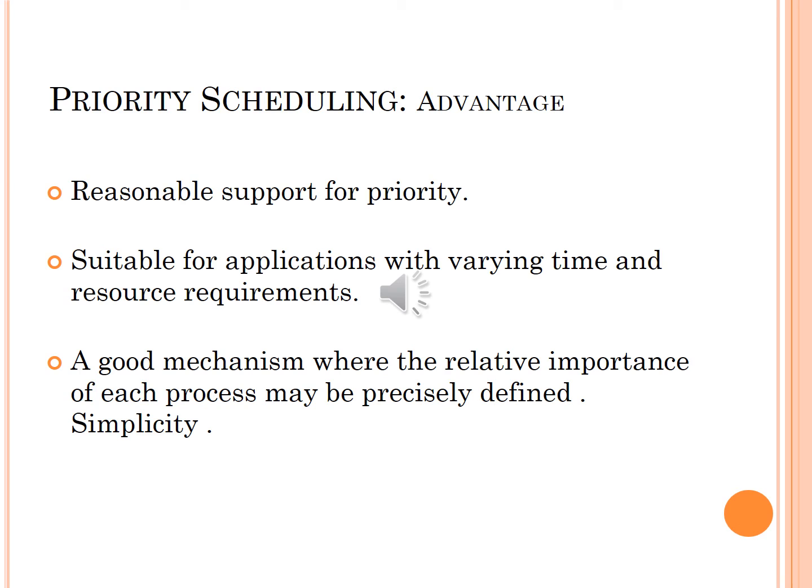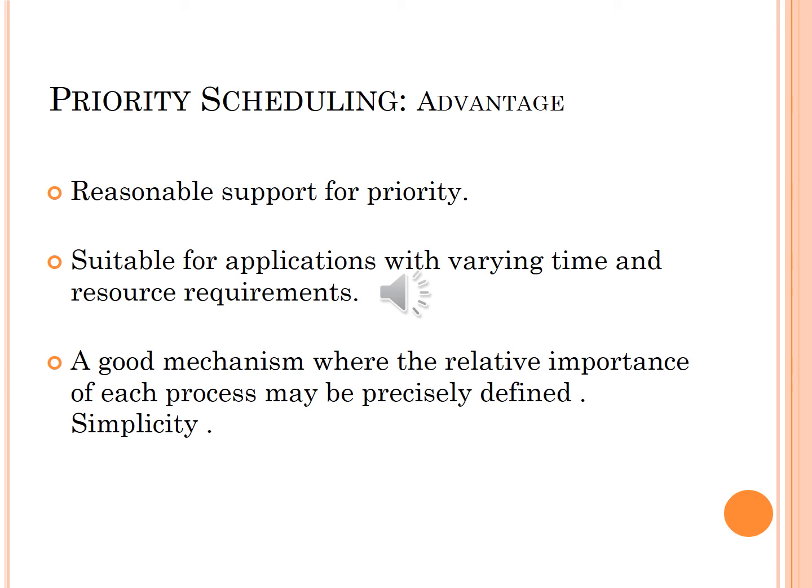Another advantage is that it is suitable for applications with varying time and resource requirements. We also went through that there are different processes with different times, and we know how to prioritize the processes according to those different times.